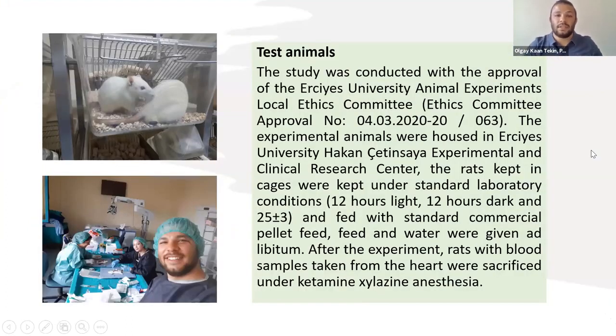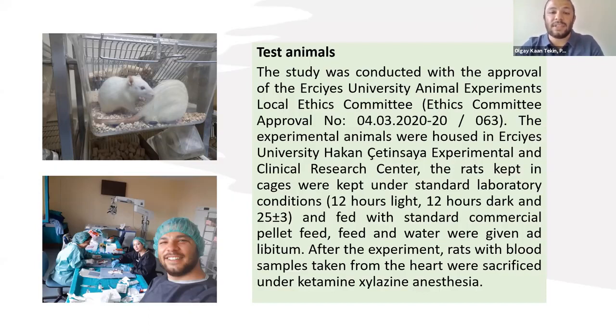Test animals. The study was conducted with the approval of the RGS University Animal Experiments Local Ethics Committee. The experiment animals were housed in the RGS University Hakan Çetinsaya Experimental and Clinical Research Center.